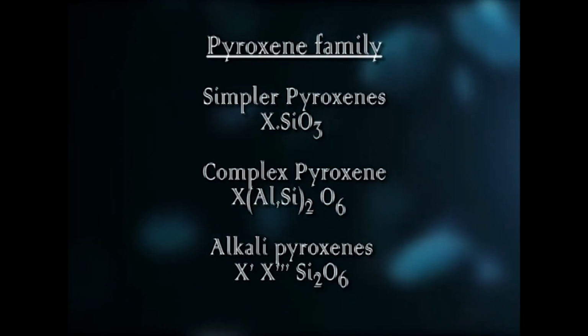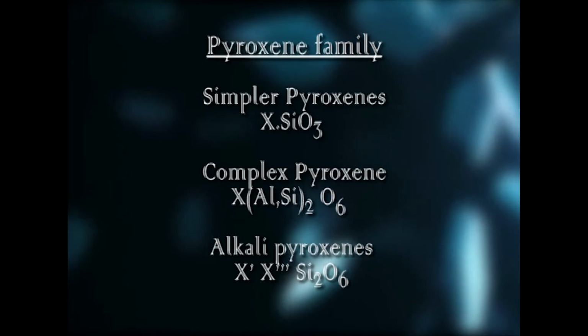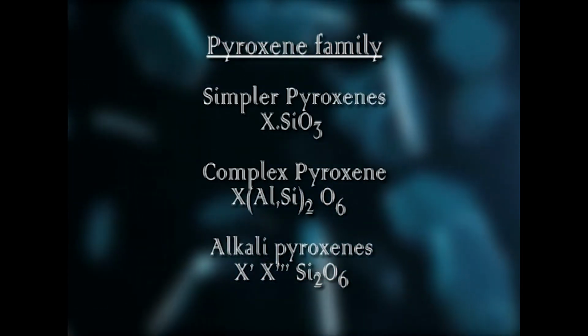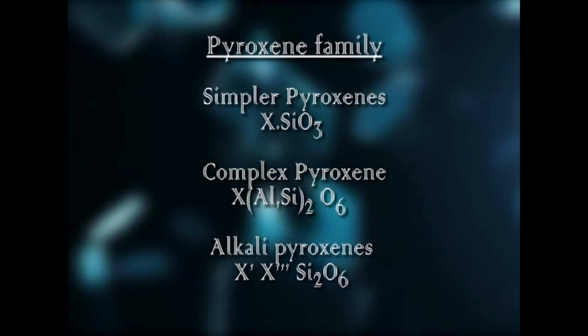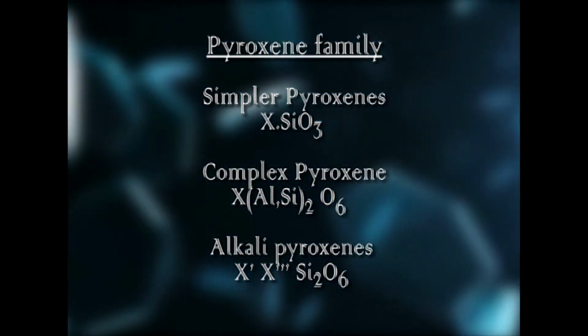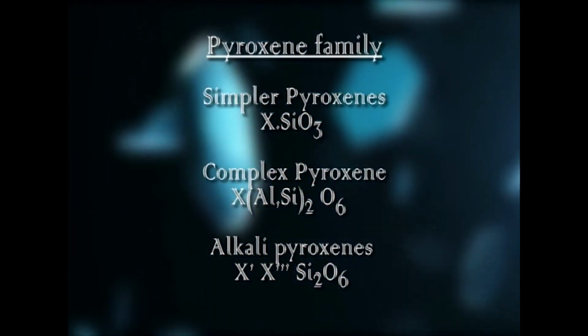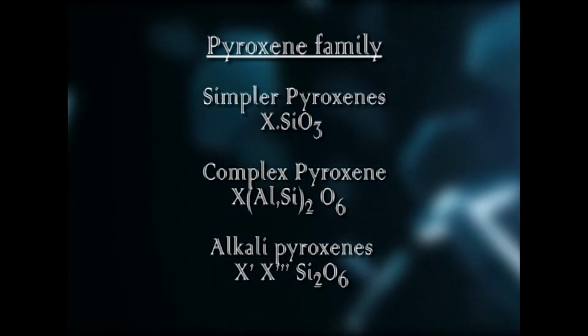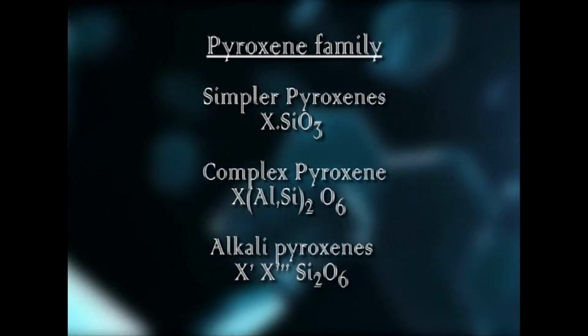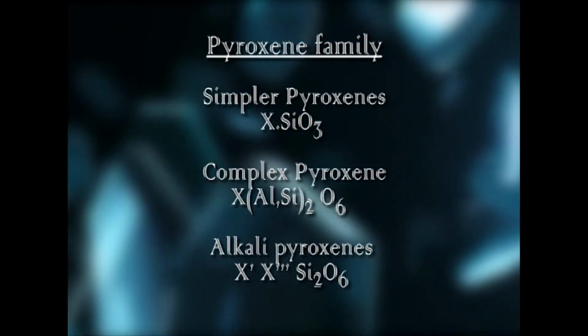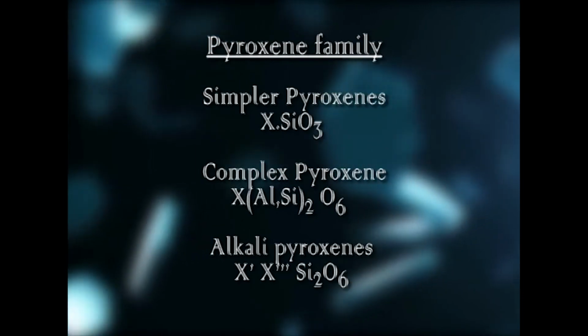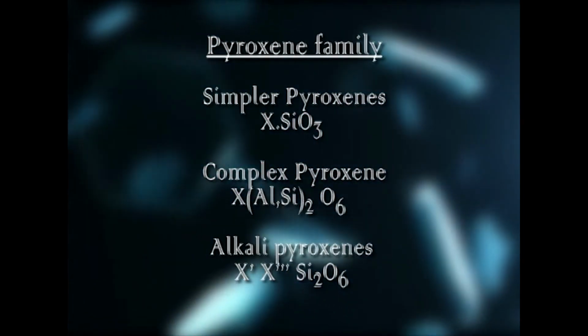For example, the simple group formula for three types of pyroxenes family would be XSiO3 for simpler pyroxenes, where X means Fe, Mg or Ca, and very rarely Mn and Zn. Complex pyroxenes XYSi2O6, where X means Ca, Mg, iron, Al or Fe3+, and for alkali pyroxenes XYSi2O6, where X is Na, Li, and Y is Fe3+, Al.